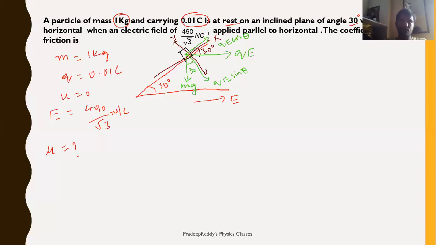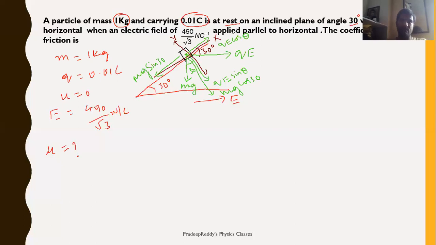Now, mg can be resolved into components. The perpendicular component is mg cos 30, and the component along the incline is mg sin 30. Now you can compare qE cos theta and mg sin theta.